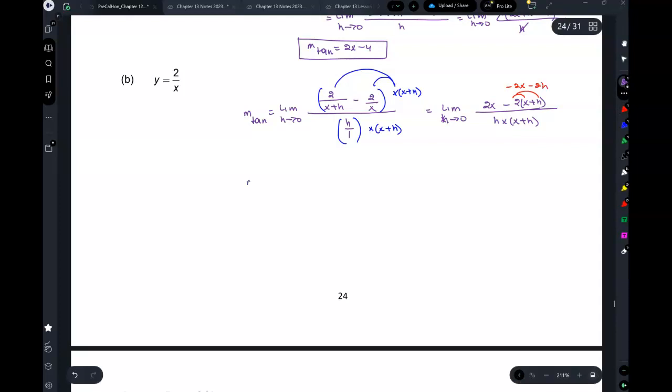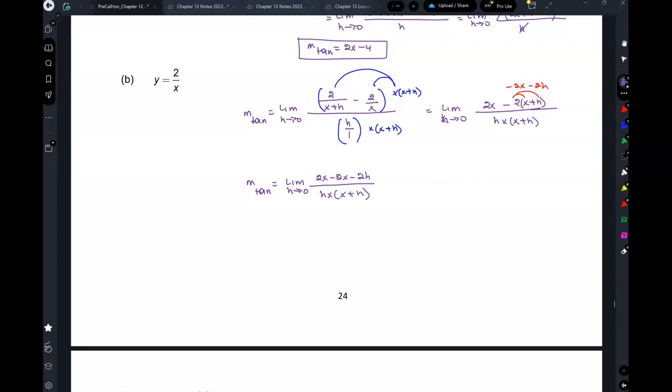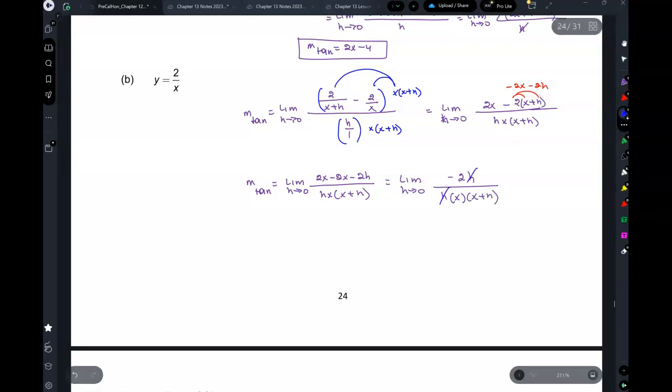So let's see what we have. The slope of the tangent line is the limit as h approaches 0 of this. So then those cancel, and I have negative 2h over h, x, x plus h. The h's will go away every single time.